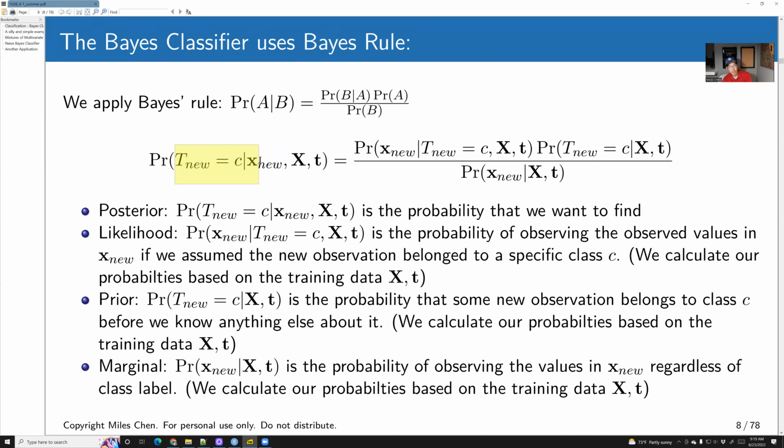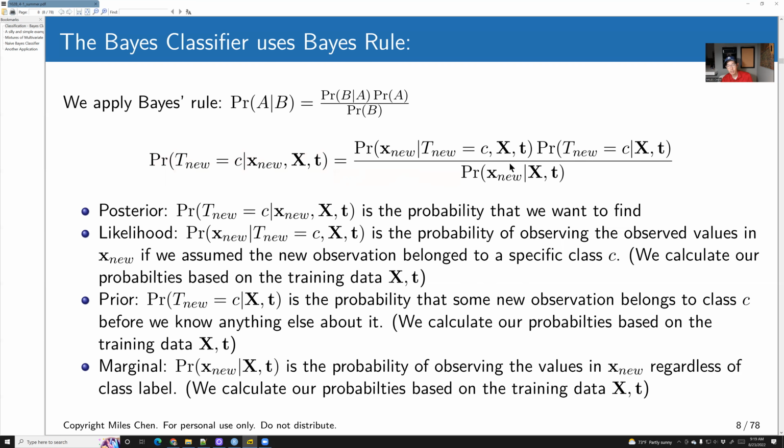So this is kind of our A given B. Using Bayes' rule, we switch around to the probability of X nu given T nu equals C, times the probability of T nu equals C, divided by the probability of X nu in the denominator. This part here is our posterior distribution.